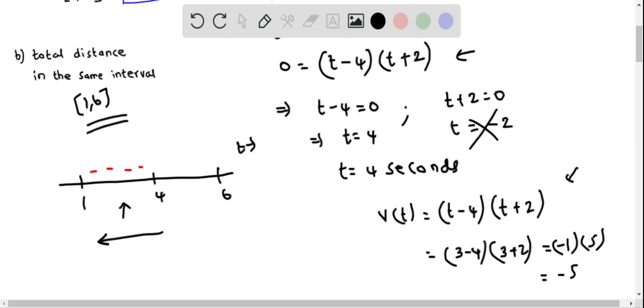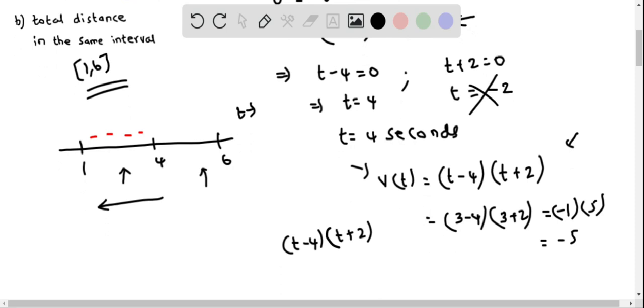Now let's take some random values between the interval 4 to 6 so that we will understand the sign of the velocity. For that, I'm going to plug in t equal to 5 into the velocity function. So when I do that, we have this expression t minus 4 times t plus 2. So this basically represents the velocity.